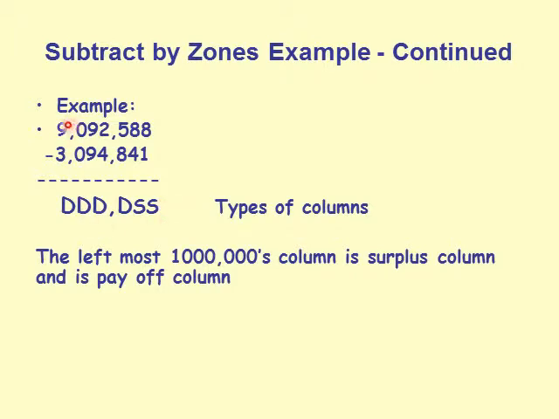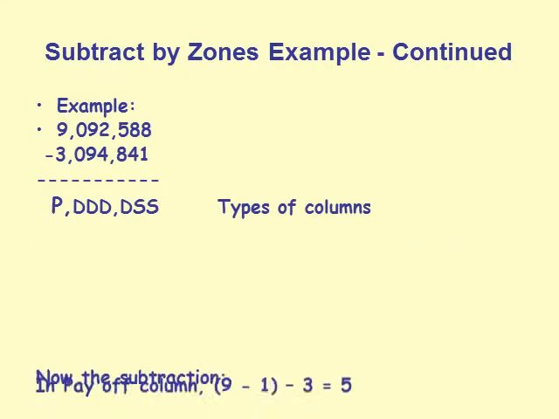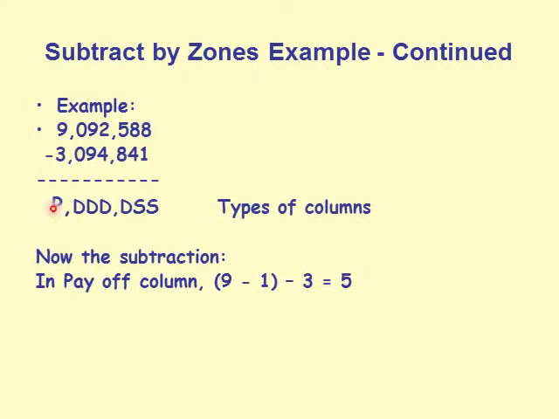Let's continue with the millions place here, which we know is surplus. The leftmost millions column is a surplus column. 9 minus 3 is surplus, and it's to the left of the dreaded zone, so this would be a payoff column. Now we have identified all the column types.